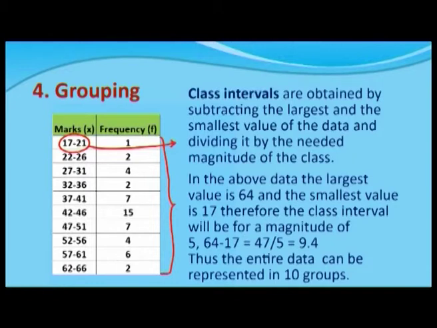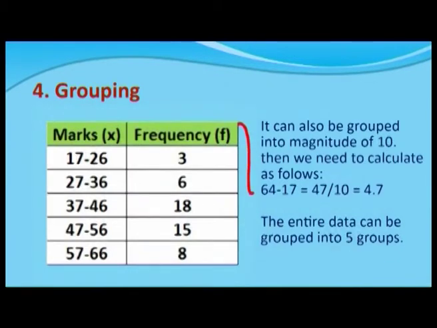For example, in the given data, the largest value is 64 and the smallest value is 17. Therefore, the class interval will be, for a magnitude of 5, 64 minus 17 is equal to 47, which when divided by 5 is equal to 9.4. Thus, the entire data can be grouped in 10 groups. It can also be grouped into a magnitude of 10.